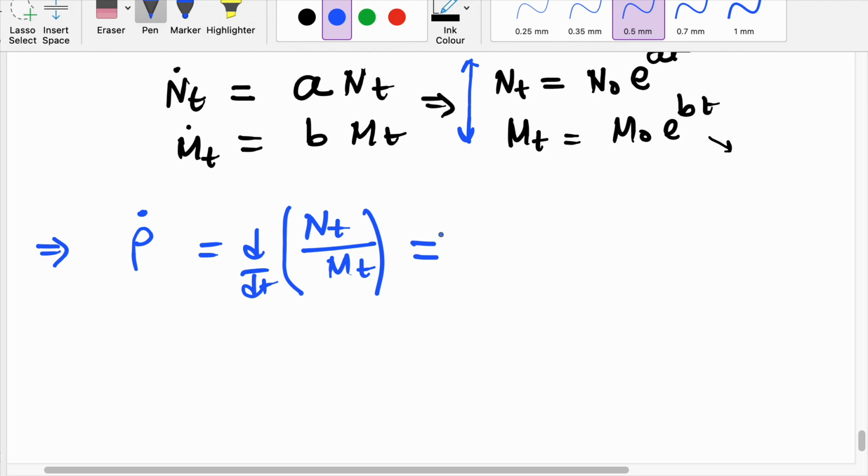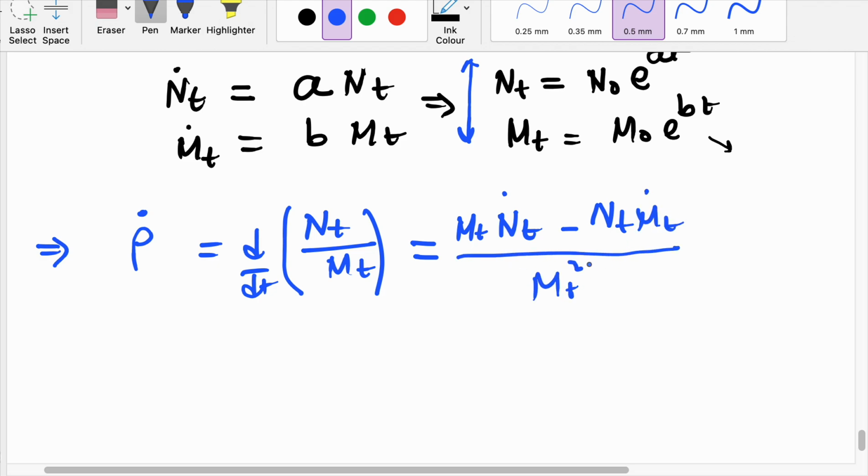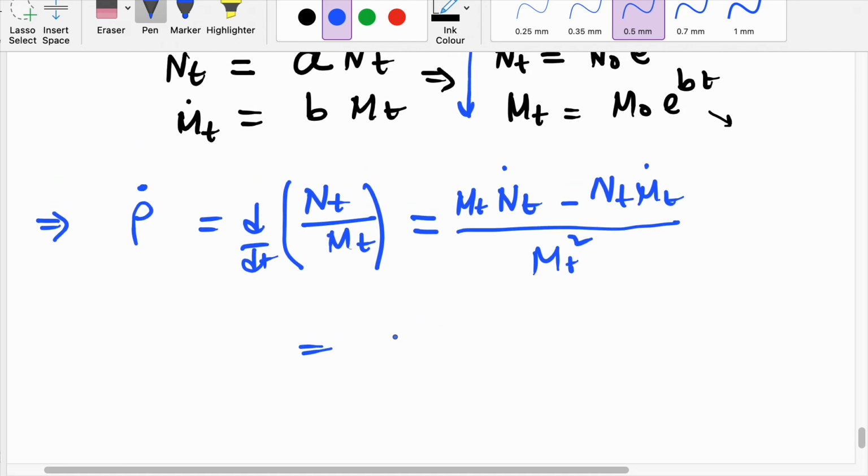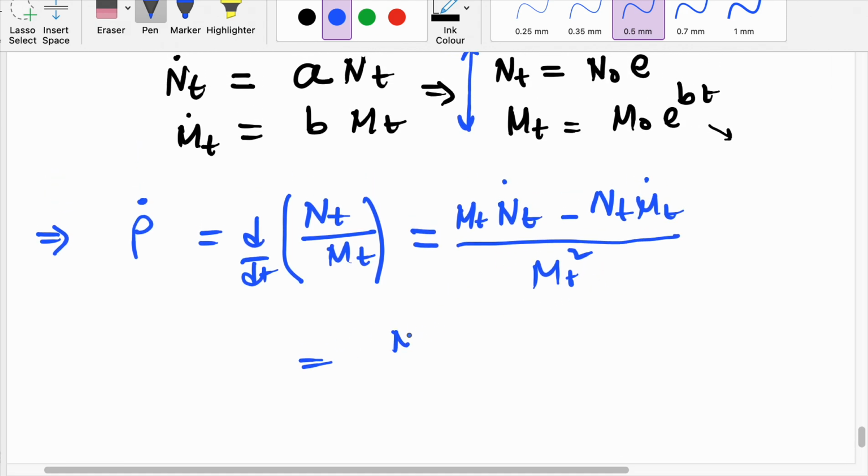Then rho dot will be n dot by m minus n m dot by m square, so this is n dot by m minus n by m into m dot by m.